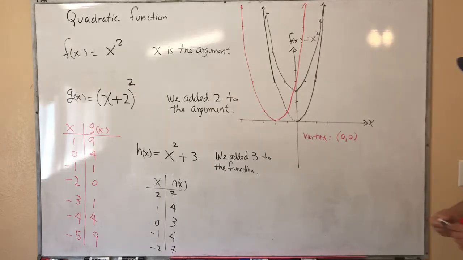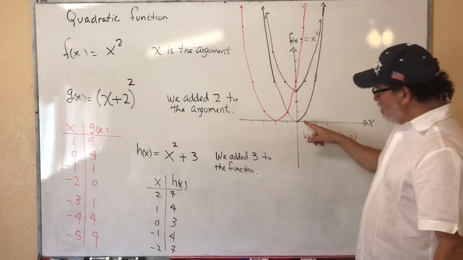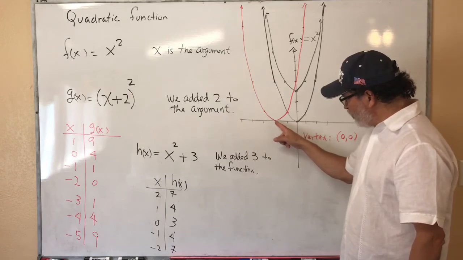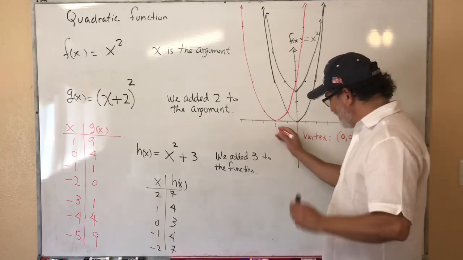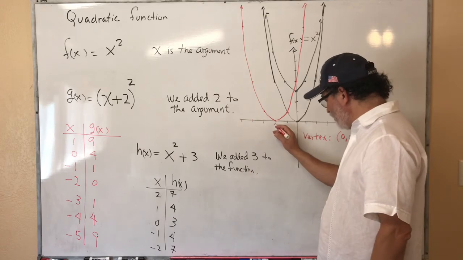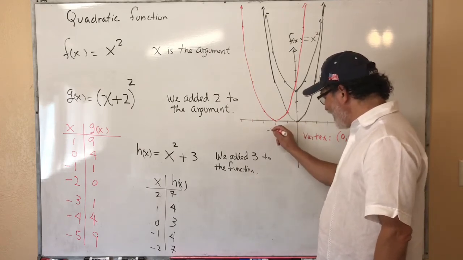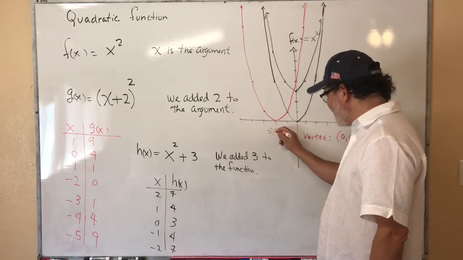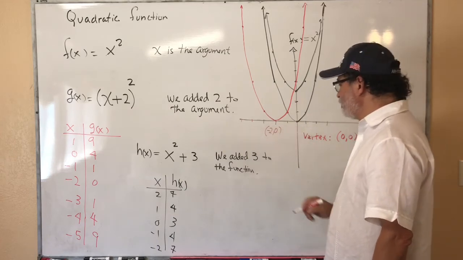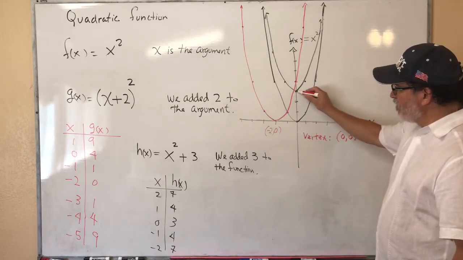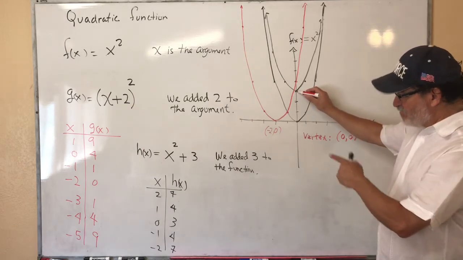Okay. So look, from here, we went this way, now we have a new vertex. What's the vertex here? The vertex here is -2, 0. Okay. What's the vertex for this one? This is h of x.